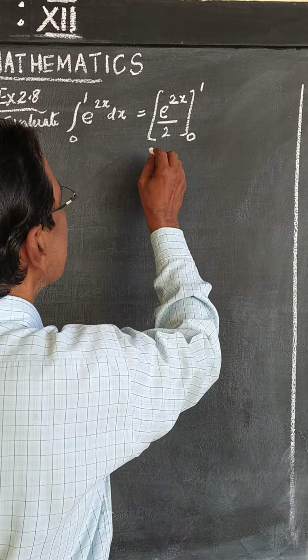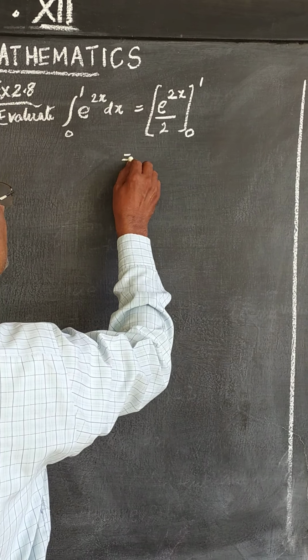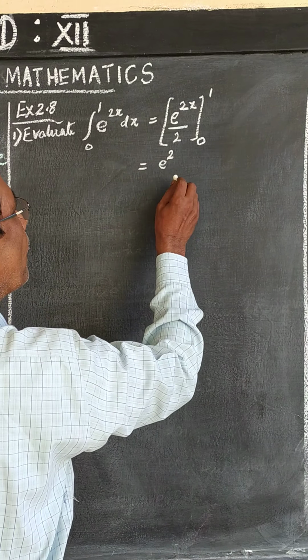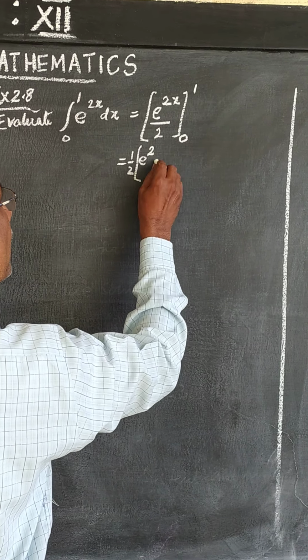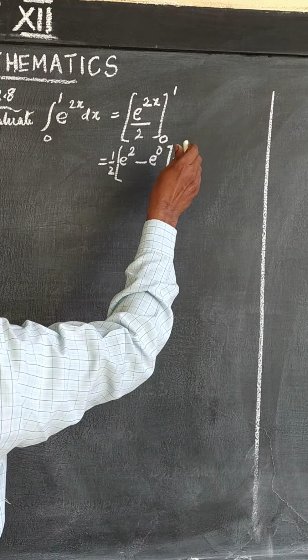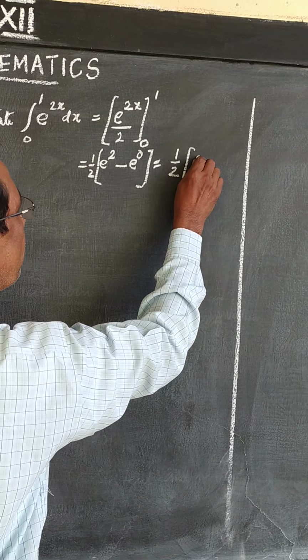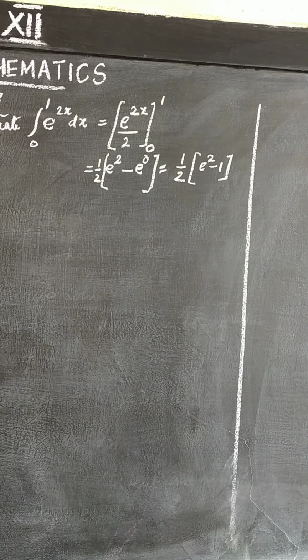Then on substitution of the upper limit, you get e to the power of 2 into 1, that is e power 2, by 2. 1 by 2 can be taken out, minus e power 0. Therefore, this is equal to 1 by 2 into e power 2 minus 1. That's all the answer. Next question.